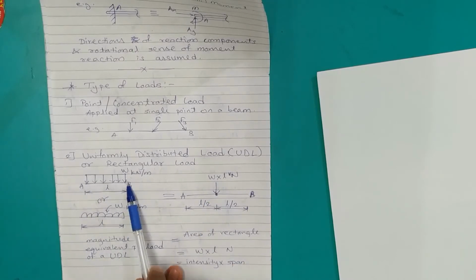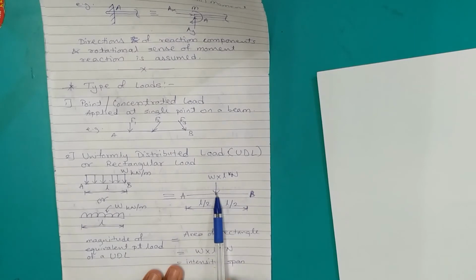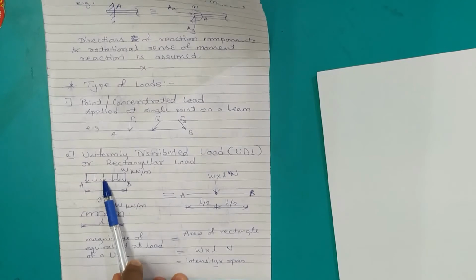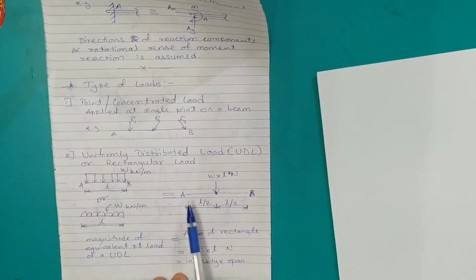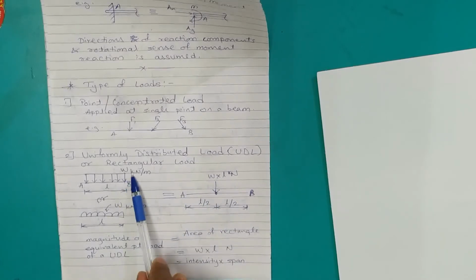We know that for a rectangle, the centroid is located exactly at the half length, right? So here also the point load is located exactly at the half length of the span. Whatever is the length over which the UDL was distributed, exactly at the midpoint of that, at distance L by 2 from either end, the point load should be located. This will be a single point load measured in either Newton or kilonewton, according to the unit of intensity.